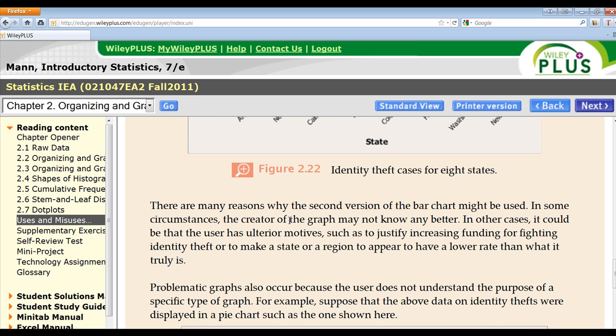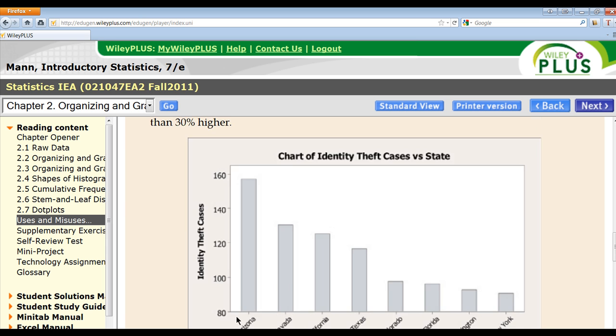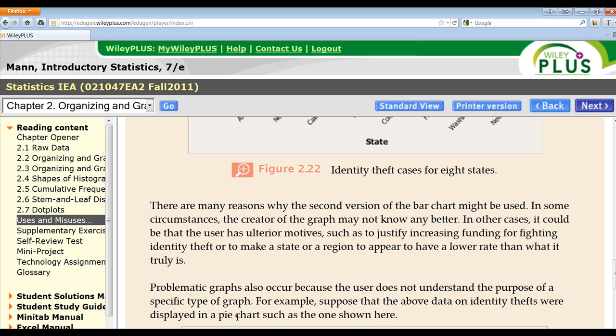There are many reasons why the second version of the bar chart might be used. In some circumstances, the creator of the graph may not know any better, so they might have just put this at 80 by mistake. In other cases, the user could have ulterior motives, such as to justify increasing funding for fighting identity theft, or to make a state or a region appear to have a lower rate than it truly is.